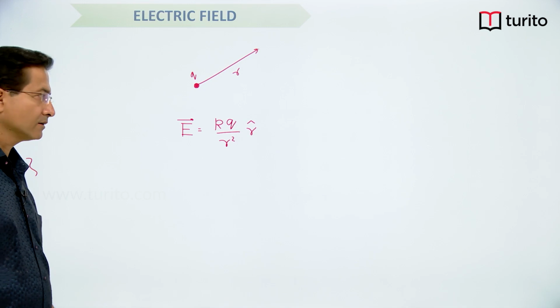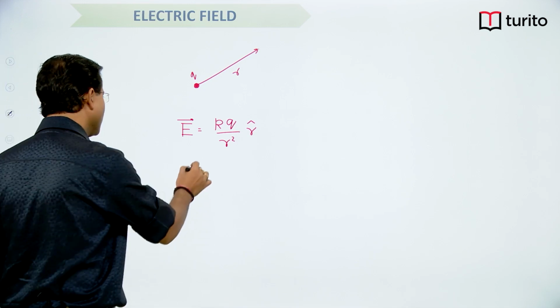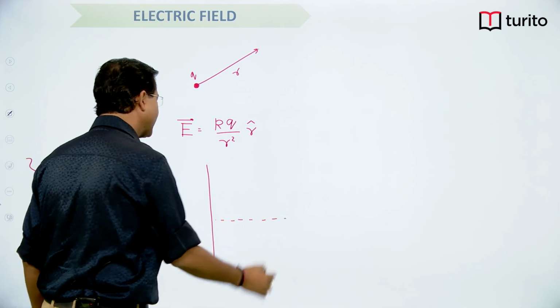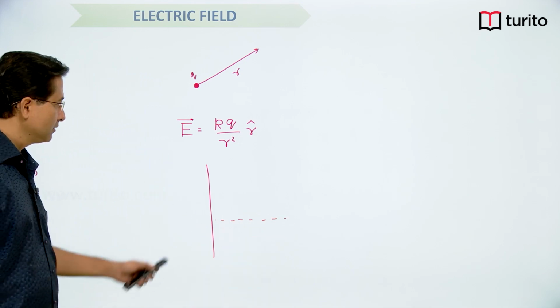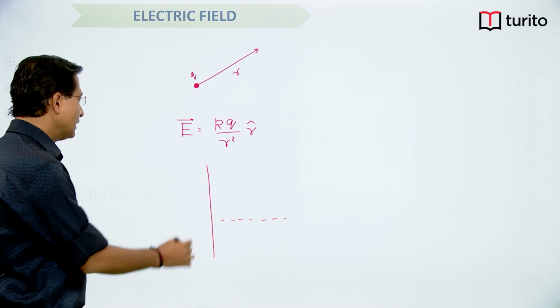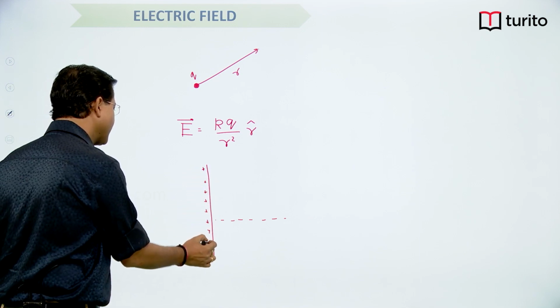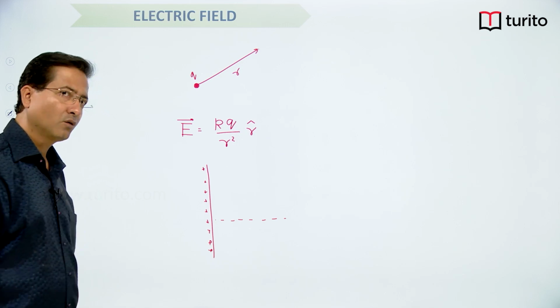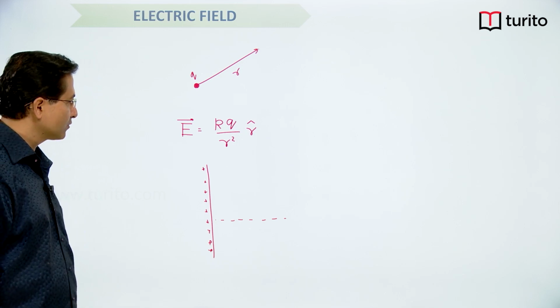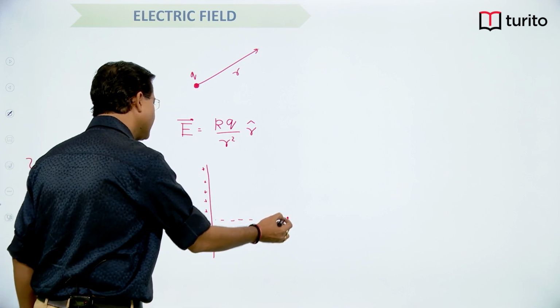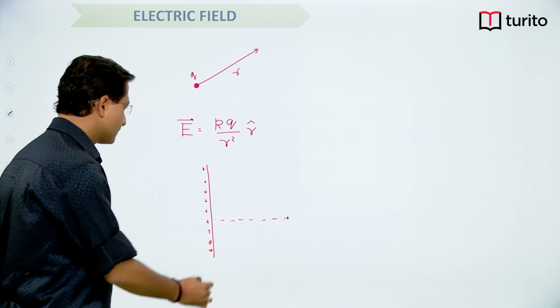Using this result, we calculated the field created by a linear charge distribution. So, charge was linearly and uniformly distributed over a straight wire, and we calculated the field at some distance r.